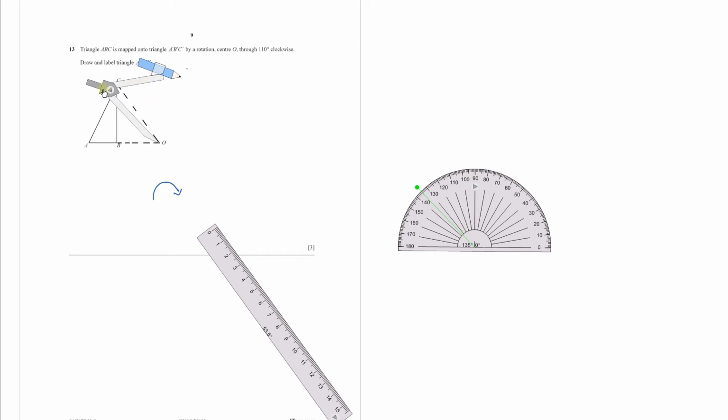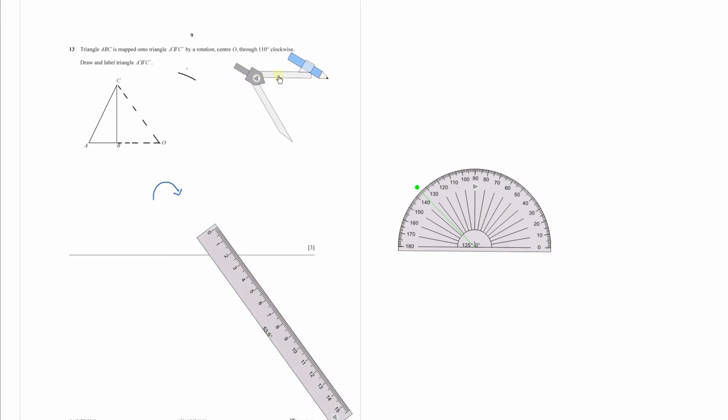Oops, I changed this. Let me do it again. I accidentally changed the width. So let me put it back here and open it up till A. Okay, let's do this again. So my arc would be this.